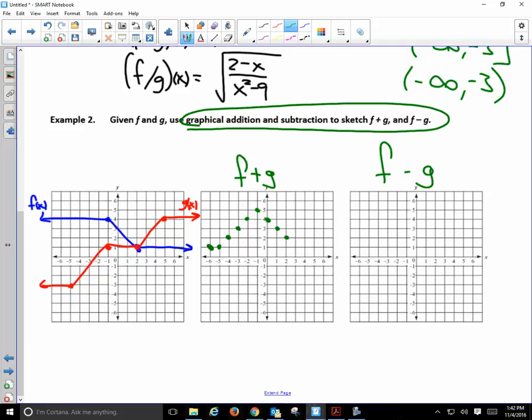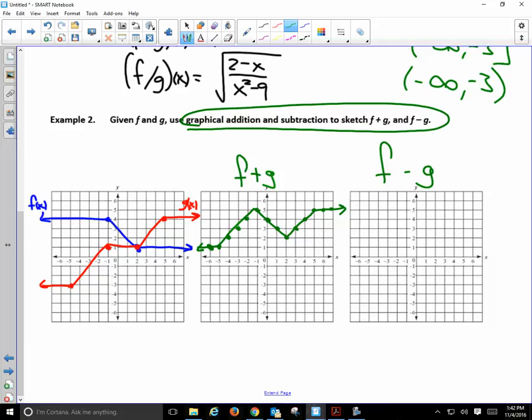All right. 3 says 2 plus 1 is 3. And 4, I've got 3 plus 1 is 4. 5, I've got 4 plus 1 is 5. And it's going to stay there all the way across, it looks like. And so that's what f plus g looks like.